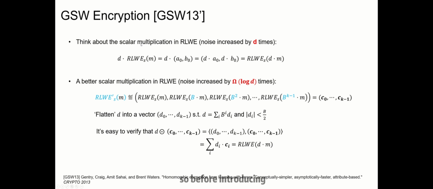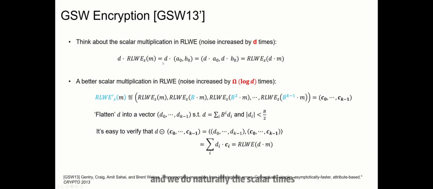Before introducing the details of the bootstrapping technique, I want to introduce another encryption scheme called GSW. Now think about the simple question of how we do scalar multiplication in a ring LWE ciphertext: I give a polynomial D times a ring LWE encryption of the message M.